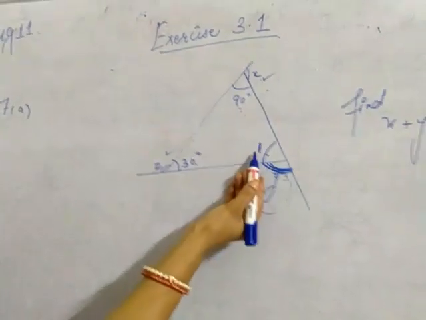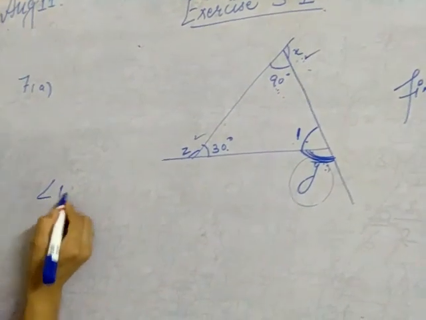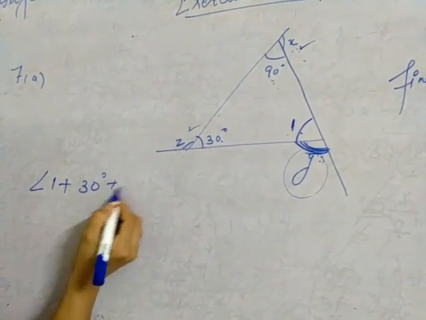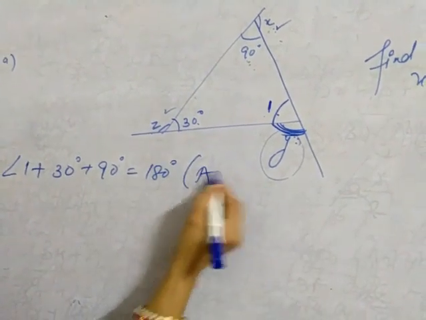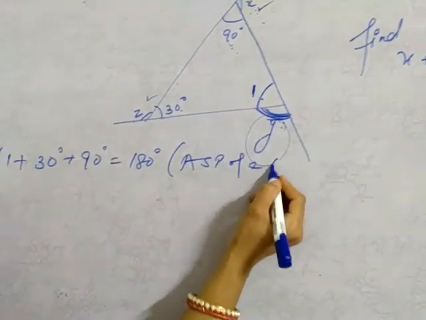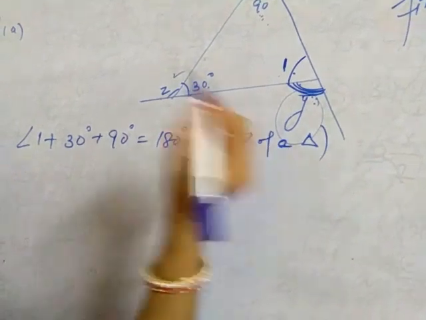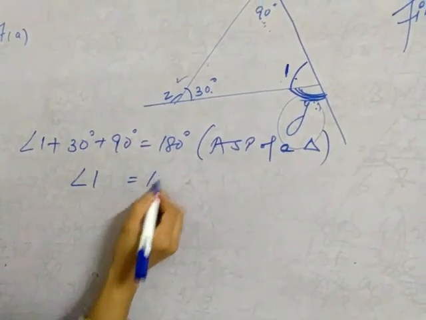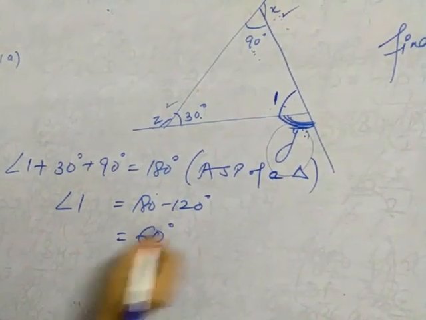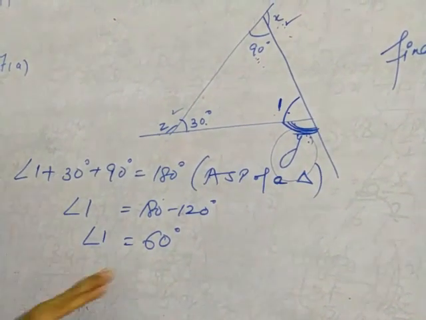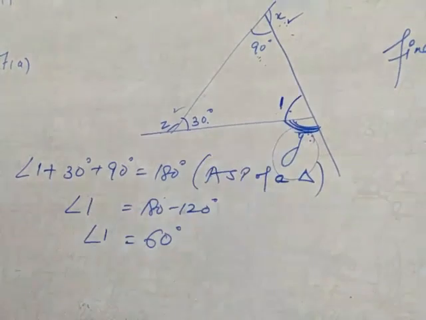Now I am calculating first of all angle 1. Angle 1 plus 30 plus 90, that's equal to 180 degree. The reason is it's ASP of a triangle. So angle 1 is equal to 180 minus 120 and it comes out to be 60 degree. I have calculated angle 1 as 60 degree. Now what is the measure of y?